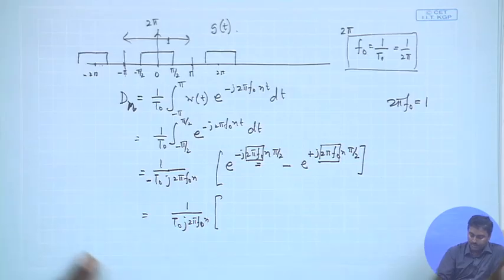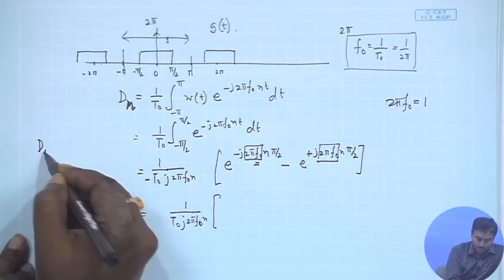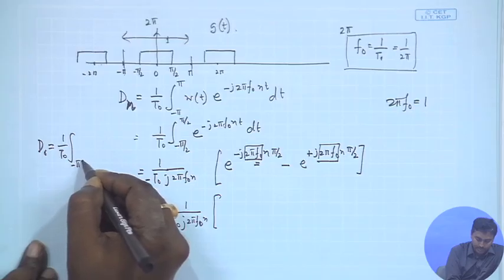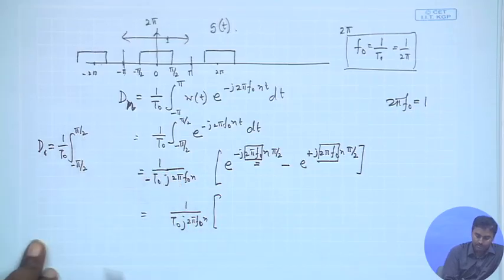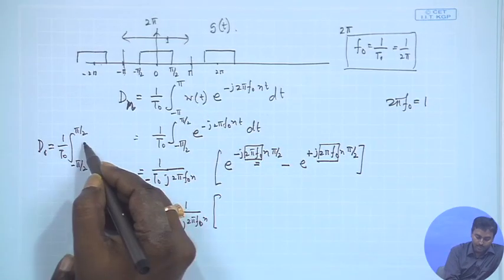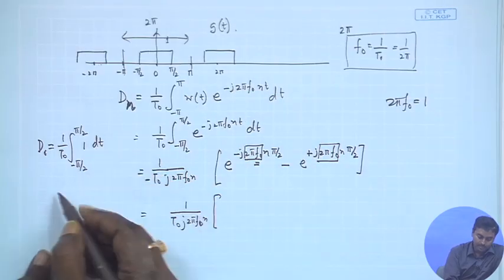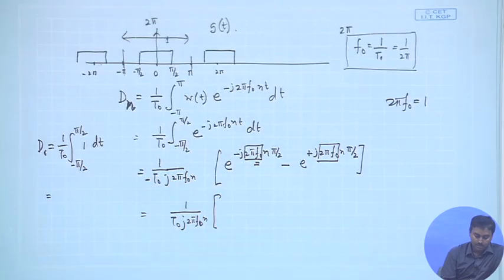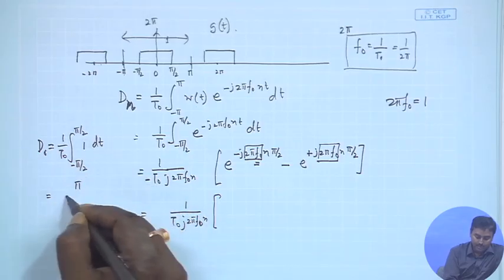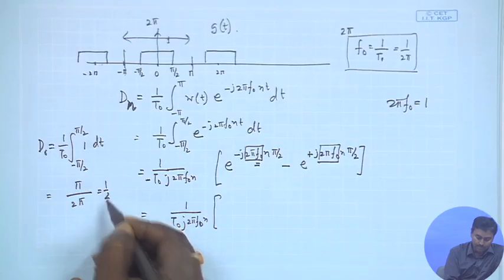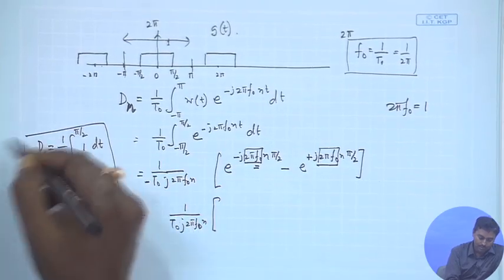So if I just evaluate D0, it should be again 1 by T0, integration from minus pi by 2 to plus pi by 2 only defined, and omega(t) becomes 1, but this becomes 1 already. So it should be 1 dt. Okay. So this becomes pi divided by T0, which is 2 pi. So this becomes half. So D0 is half already.